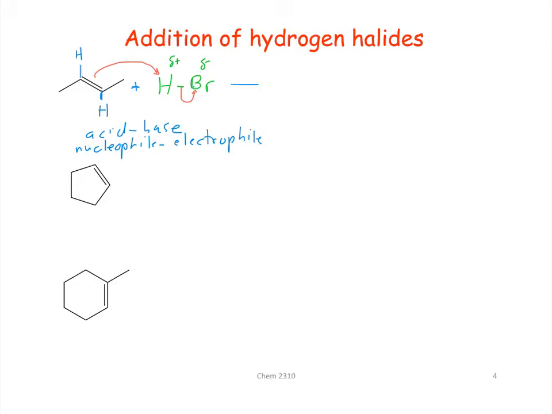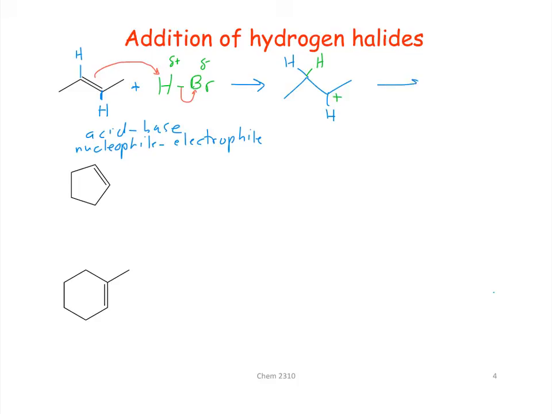All right, so if we do this, we're going to create an intermediate. So we're going to draw this. The H could go to either side of that double bond. I'm going to draw it to the left side just because that's going to make it easier to draw. So the new H is there, and we form our carbocation intermediate.